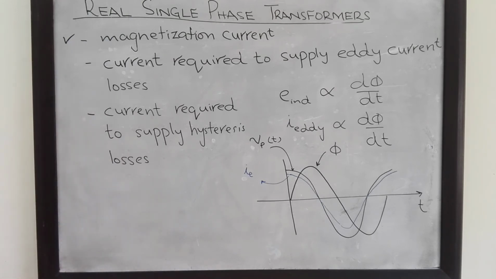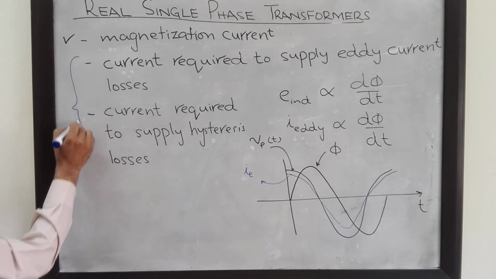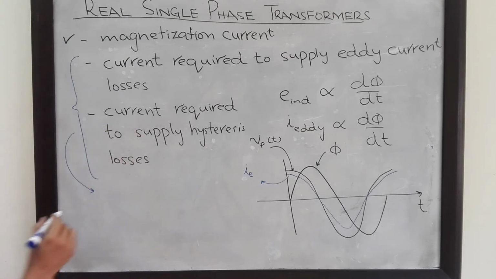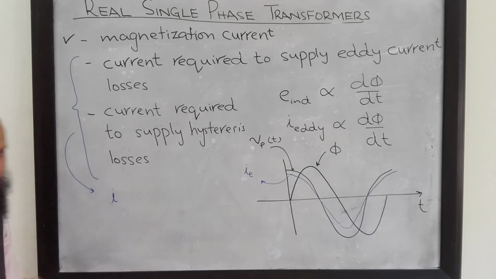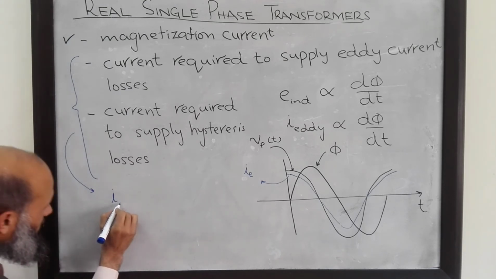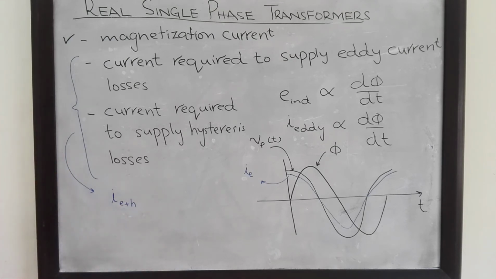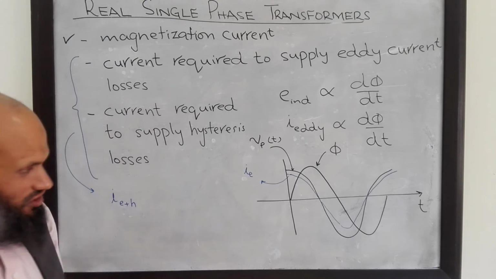These two losses together we call the core losses, and the current required to supply both of them, the eddy current and hysteresis losses, will be of some shape like this one.